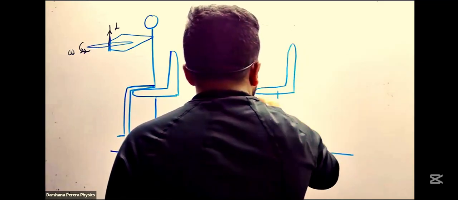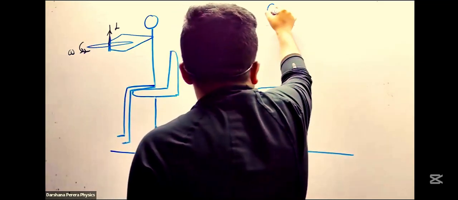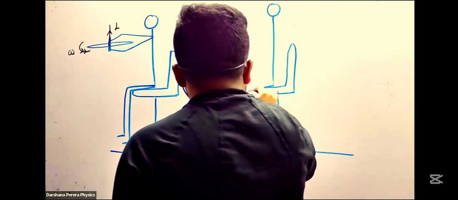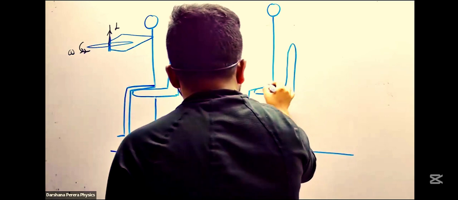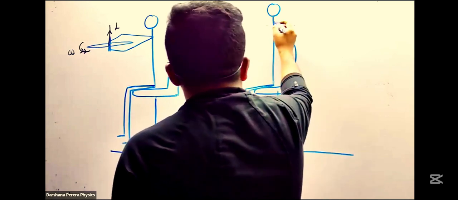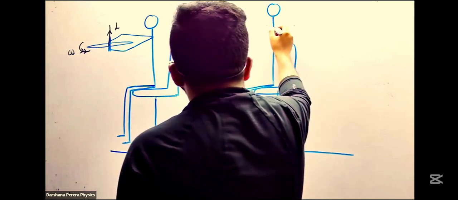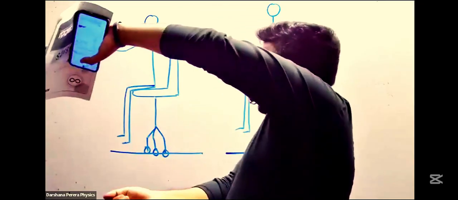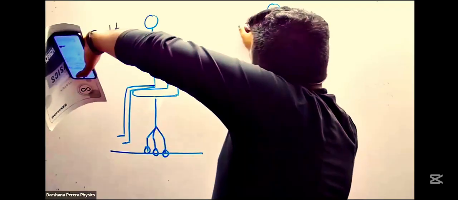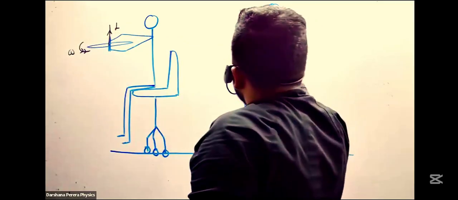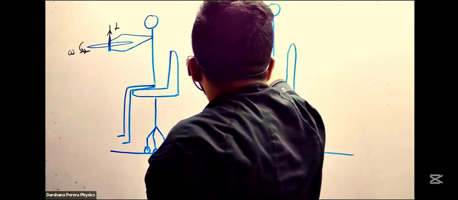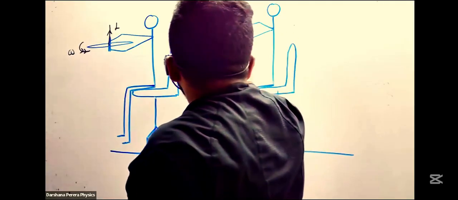I will put the example also. It rotates upside down, getting this wheel upside down.